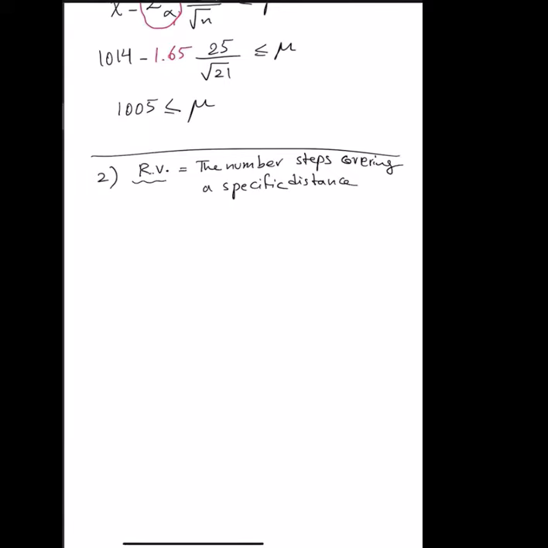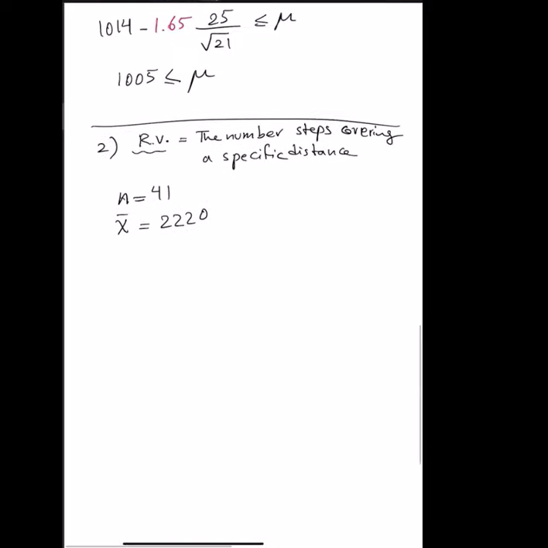What else do you have from the first two lines? N is 41. Our sample size is 41. X bar is 2220. Sample average, you see it says sample mean, 2220, and S is already given, S equal to 444.